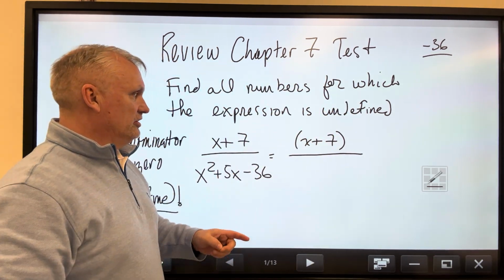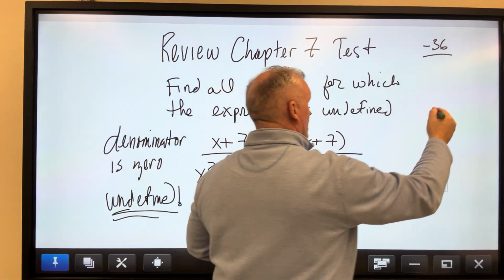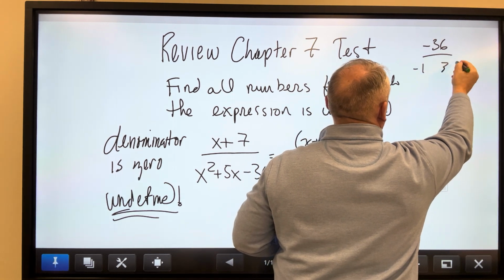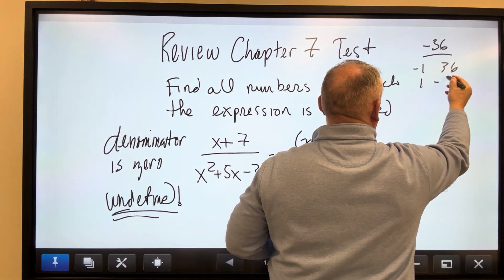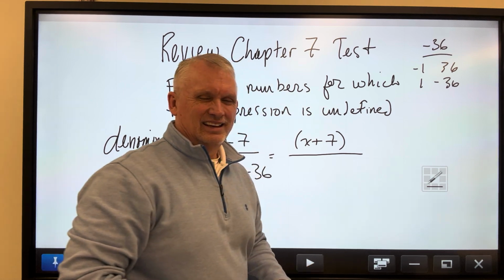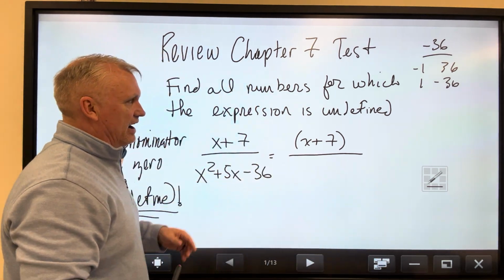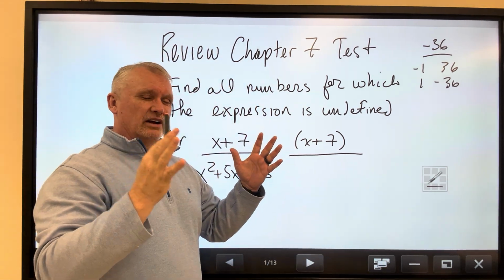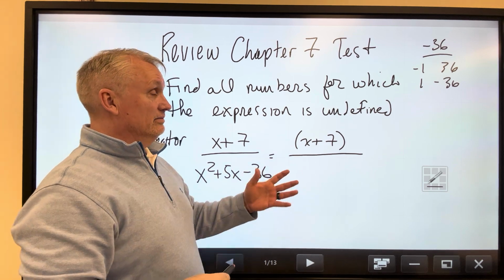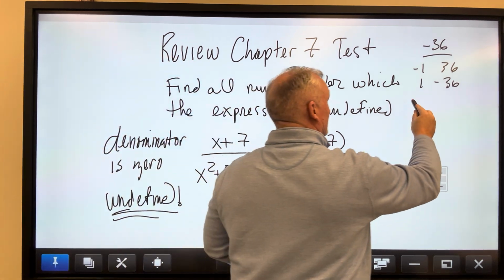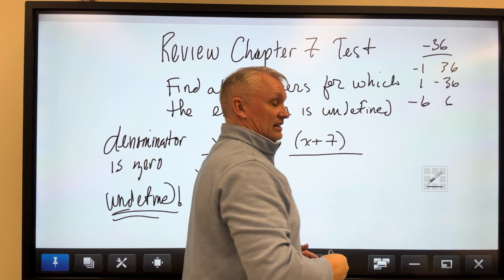Now if I start to go through these, negative 1 and 36 and 1 and negative 36, when I add those together I'm not getting 5. So I've got to get numbers that are a little bit closer together. It can't be negative 6 and 6, because that's 0.